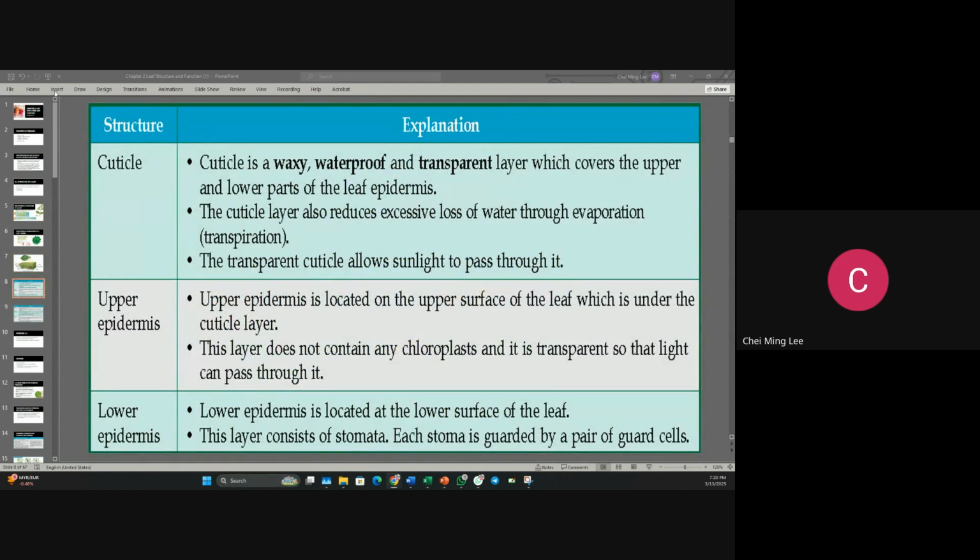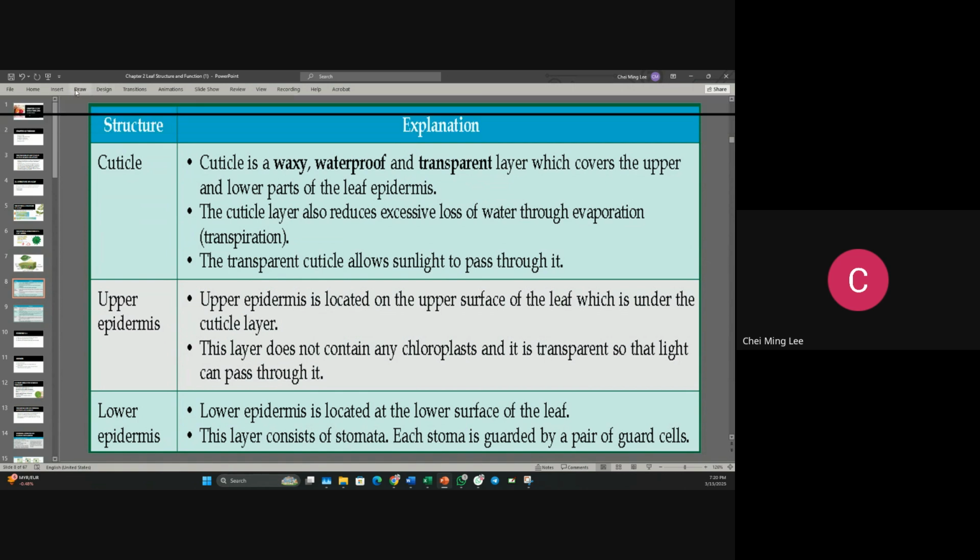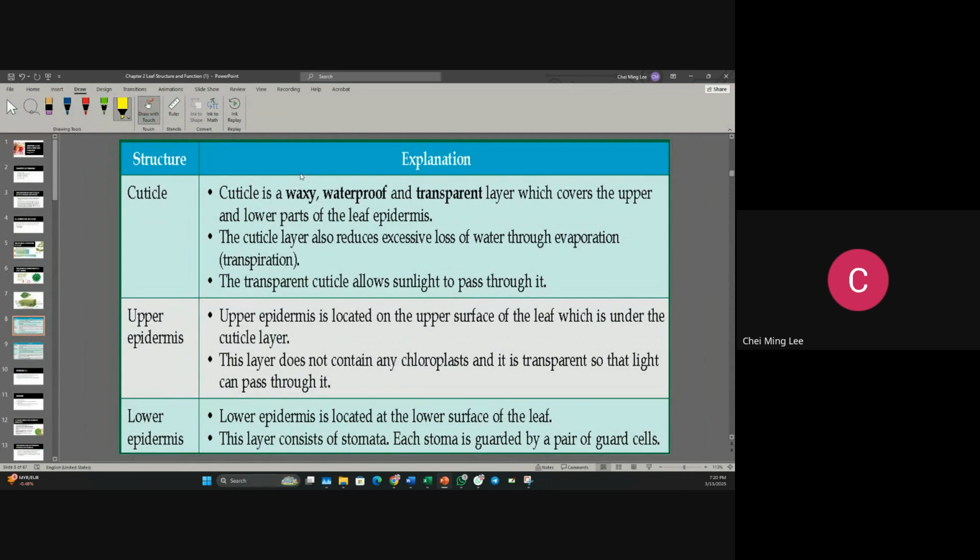There are several important ones that I want you to jot down, so that you can have a better memory of this. First, the cuticle is a waxy, waterproof, and transparent layer which covers the upper and lower part of the leaf epidermis. It also reduces excessive loss of water through evaporation, or we call it transpiration.